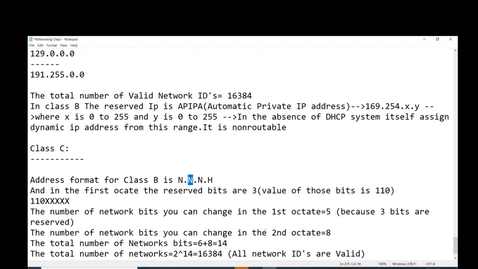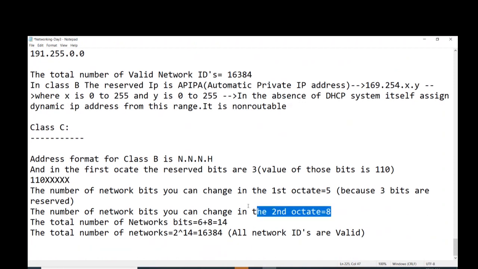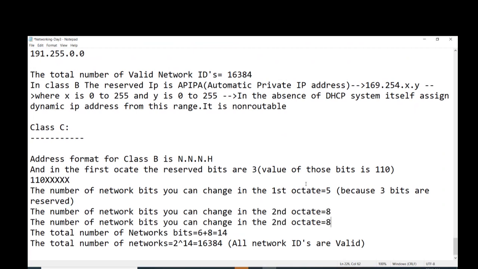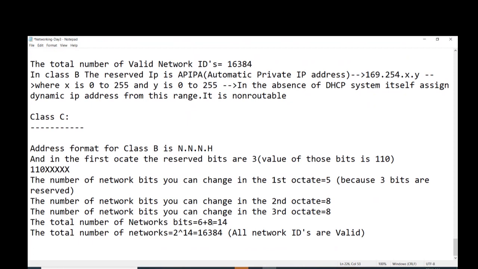In the third octet: 8. The total number of network bits equals 5 plus 8 plus 8.